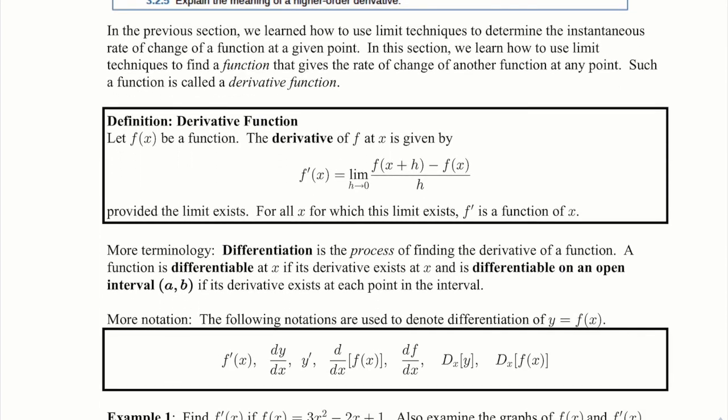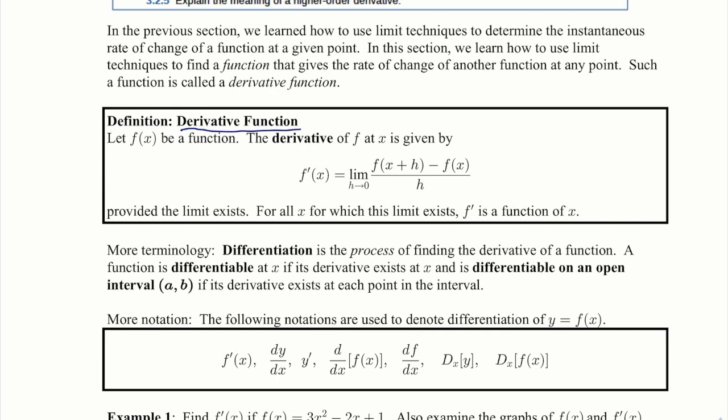So I kind of explained this first paragraph here already, so I'm going to jump down to this definition. The derivative function says this: let f be a function. The derivative of that function at a given point x is given by f prime of x equals limit as h goes to 0, and then we see that same difference quotient that we saw in the previous section, but instead of an a, which would have represented a specific point, we see x as the input.